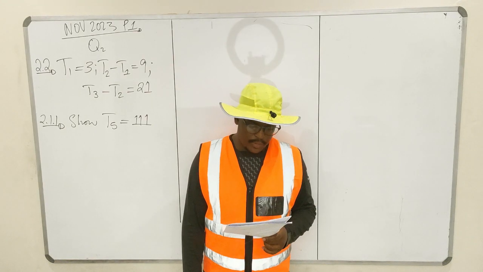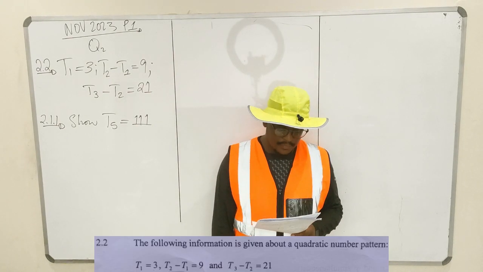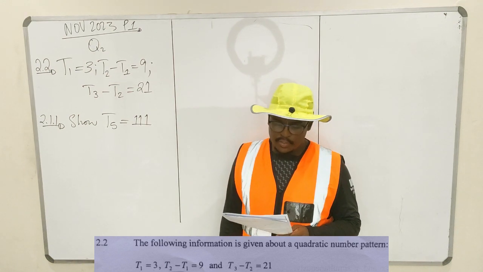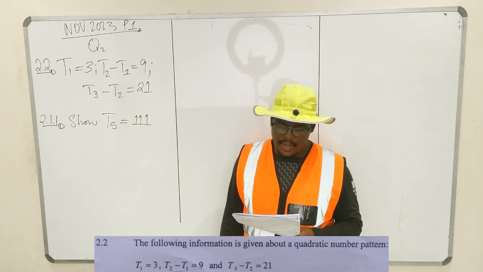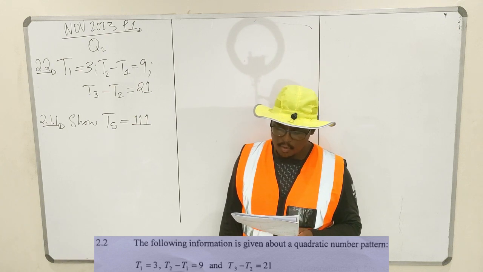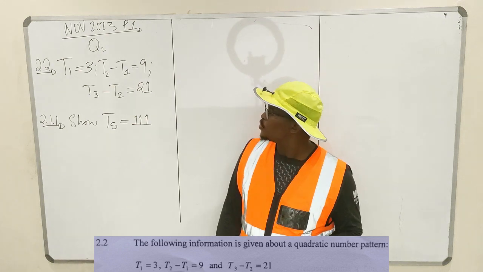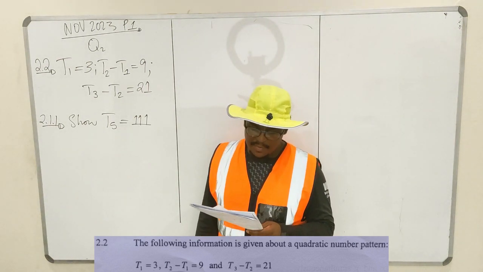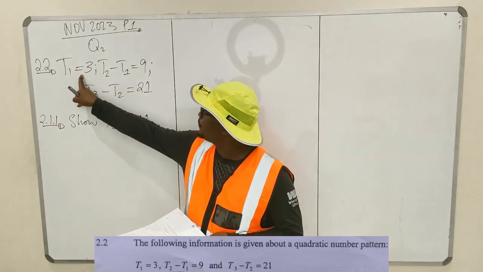Okay, so now we're doing 2.2, the quadratic number pattern. 2.2 reads as follows. The following information is given about the quadratic number pattern. You are told that the first term T1 is equal to 3.